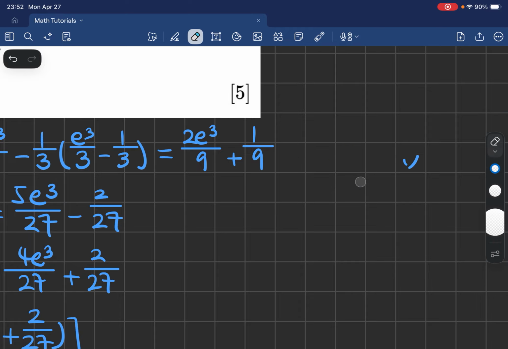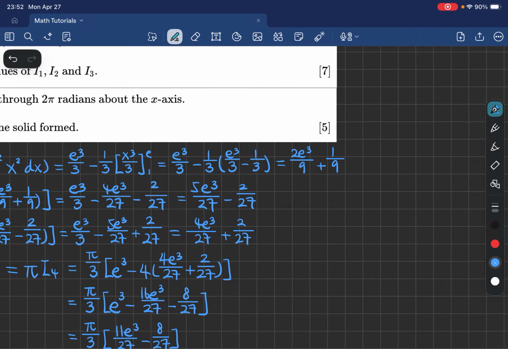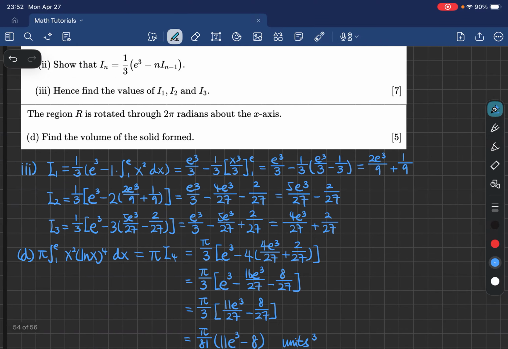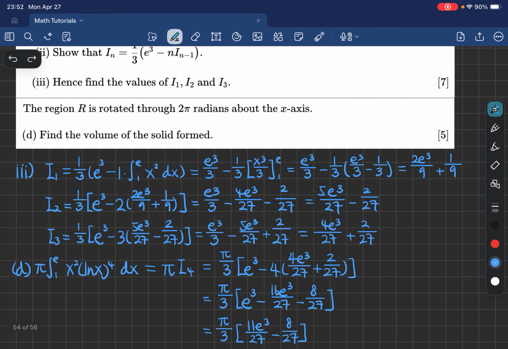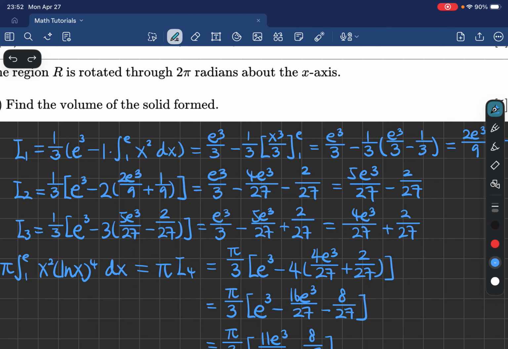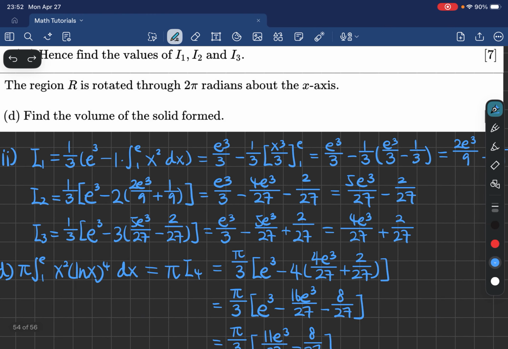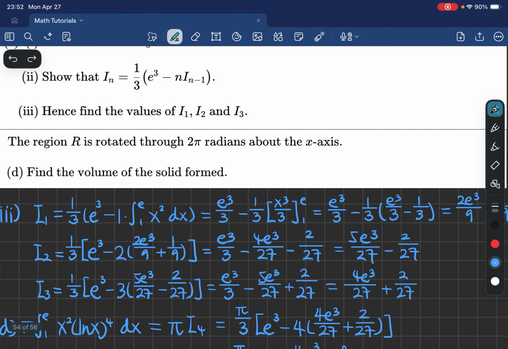I don't prefer it in this form because you are still calculating I2 and I3. So you want to keep them as standalone fractions, so you don't have to do a ton more multiplications, right? A ton more parentheses. So now it's getting repetitive, and we are just doing I2.